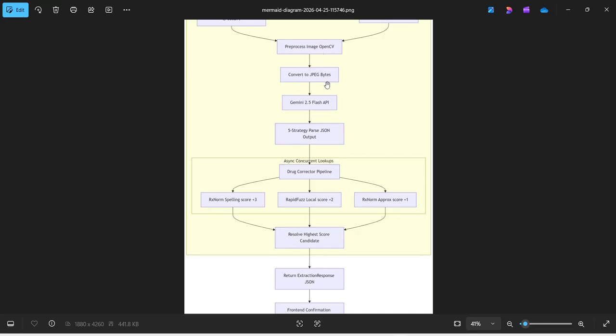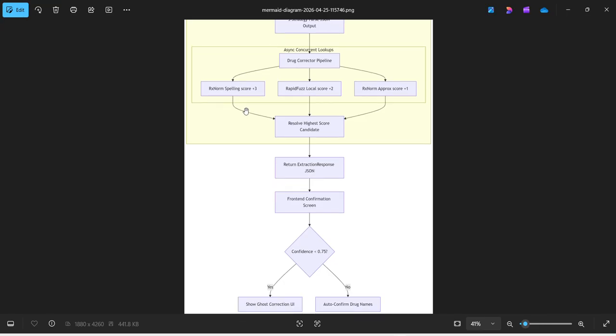It converts it into JPG bytes. We have used the 2.5 Flash API, and all of these async concurrent lookups are used for ghost correction, so that when the doctor writes in ambiguous handwriting, the top three likely drugs can be properly diagnosed and given.